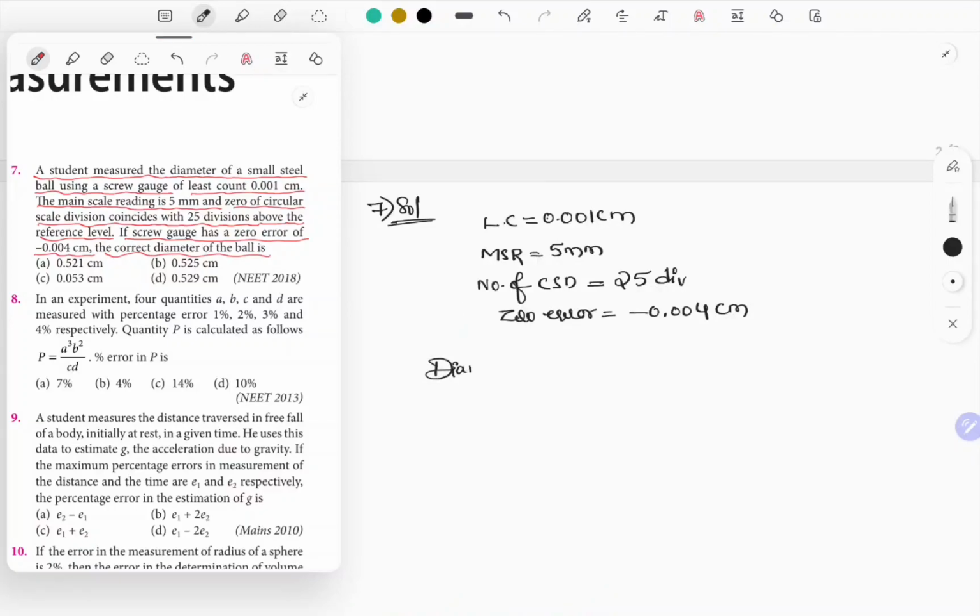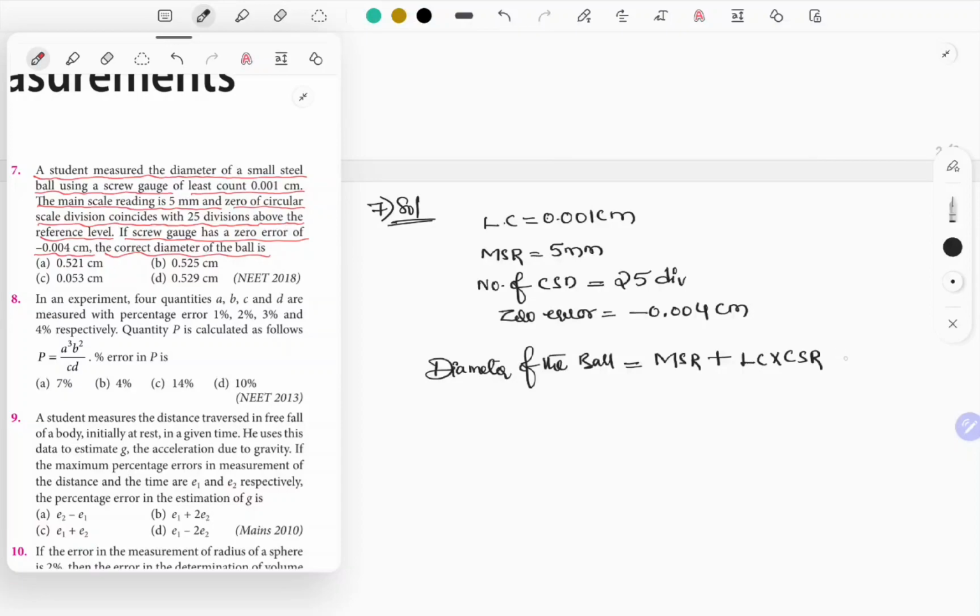So here diameter of the ball is equal to, what's the general formula? Main scale reading plus least count into circular scale reading. Now this is actually the formula we have for screw gauge.